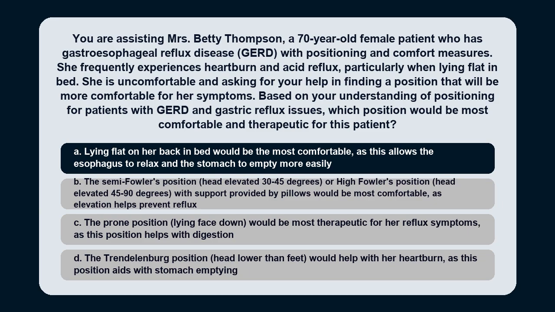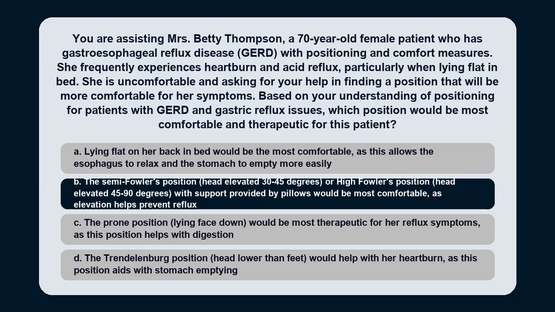Option A. Lying flat on her back in bed would be the most comfortable, as this allows the esophagus to relax and the stomach to empty more easily. Option B. The semi-Fowler's position, head elevated 30 to 45 degrees, or high Fowler's position, head elevated 45 to 90 degrees, with support provided by pillows would be most comfortable, as elevation helps prevent reflux.